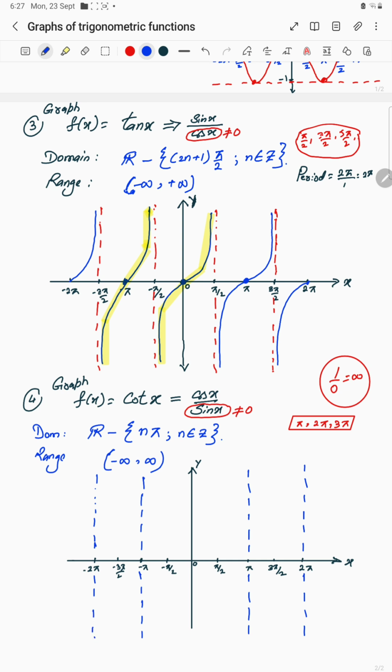Okay, fine. Now we need to plot it. Yes, here it will be 0, right?